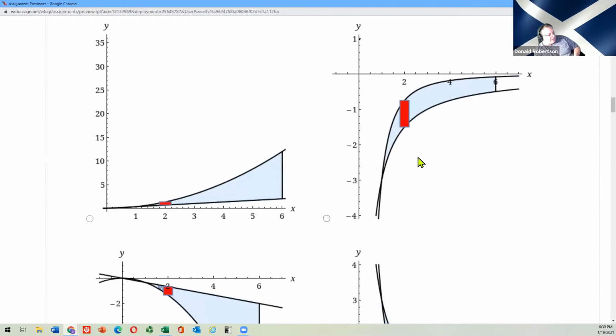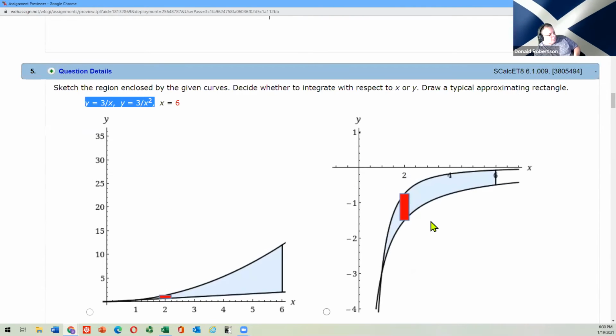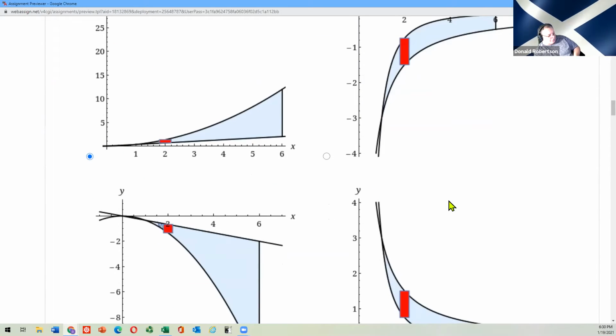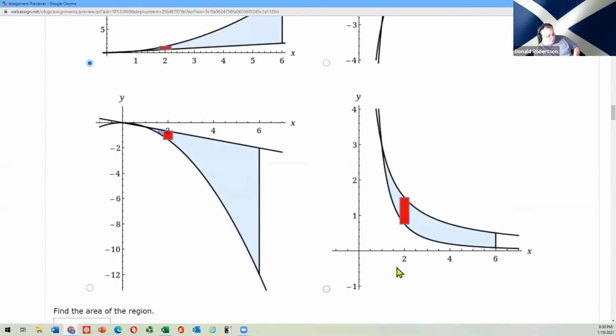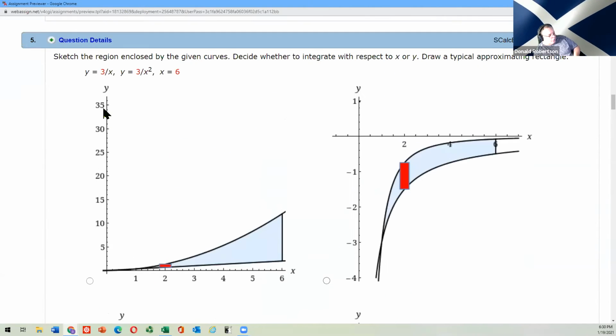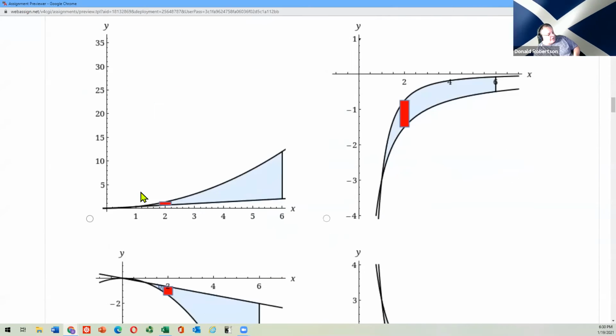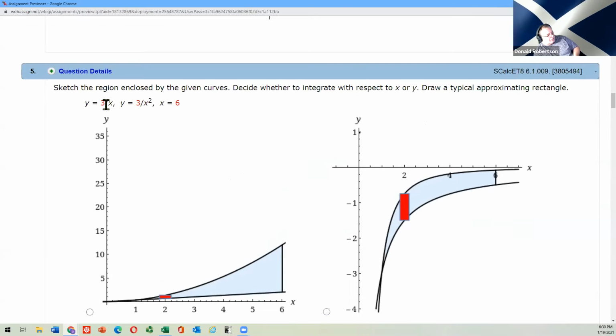Now, in a minute, I'm going to put it into the calculator, and that's fine. But if you can do it without the calculator, it's quite a good learning experience. That means it could be the one that you chose, or it might be this one here as well, because they're both positive, right? What do you know about 3 over x and 3 over x squared as x gets bigger, as it goes 1, 2, 3, 4, 5, 6? What do you know about the y coordinates?